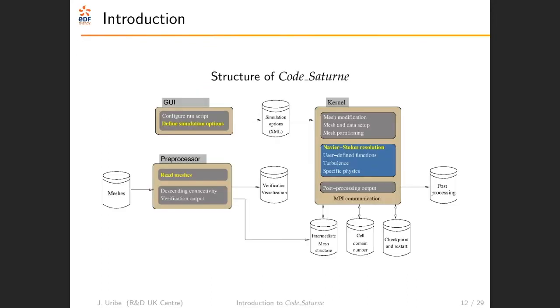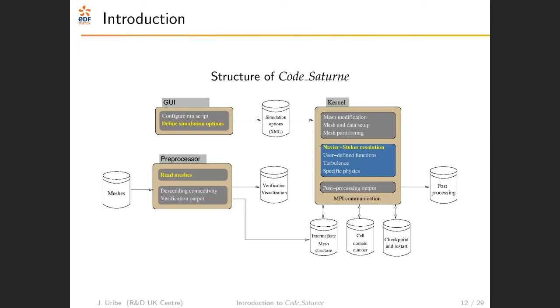The code is split into different parts, as you can see here. There's a graphical interface that is a very simple standalone module where you define all the options that you want for your simulation. The file names for the meshes, and you put your boundary conditions and your numerical setup.